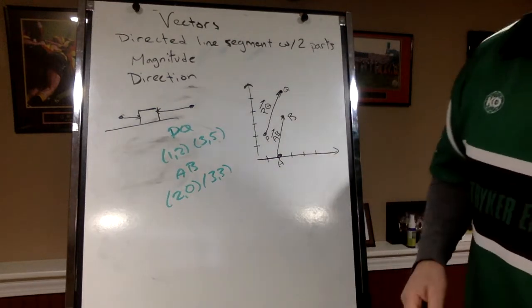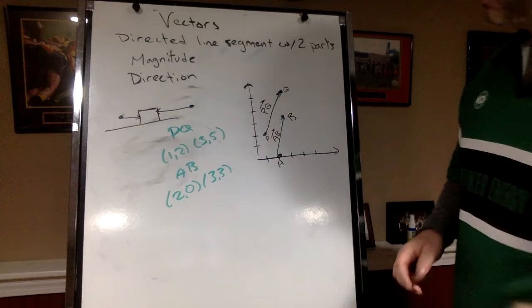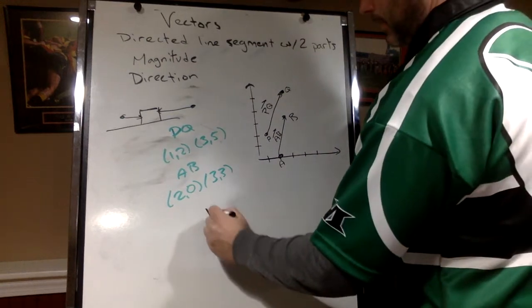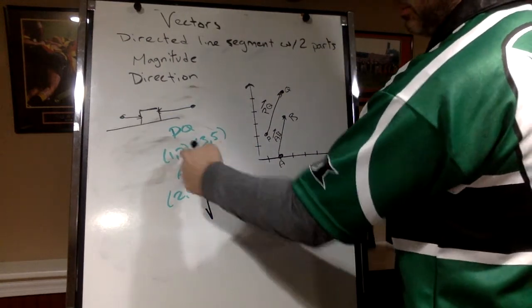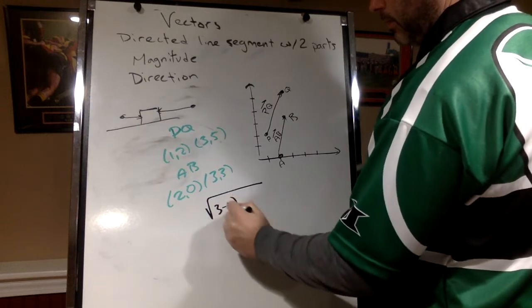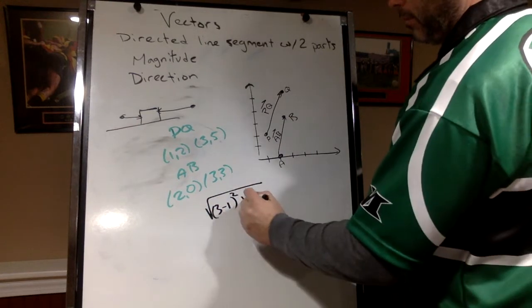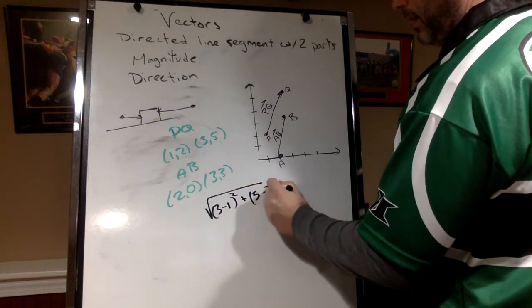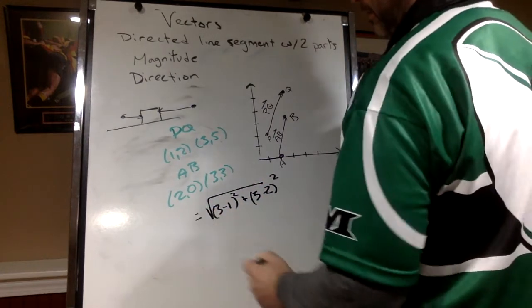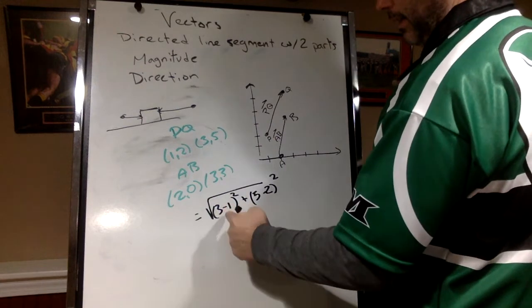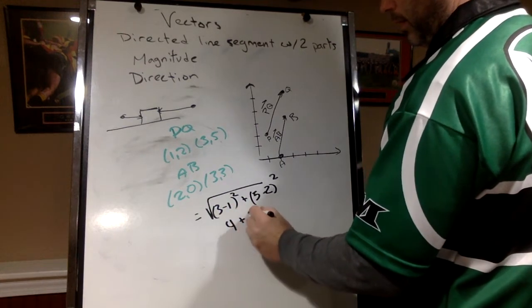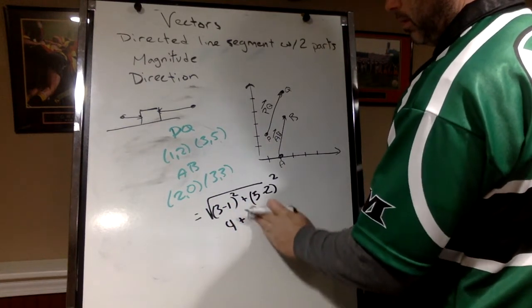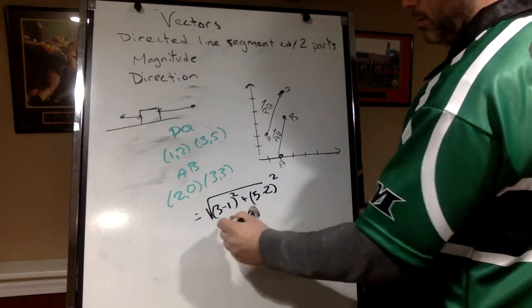Now, the first thing, we want to find magnitude, distance formula. Well, how do you find distance formula? Maybe you have to look it up, but really, it's going to be x2 minus x1, so 3 minus 1, and then we square it, plus y2 minus y1, 5 minus 2 squared. Okay, so let's see. That's 4 plus 9, square root of that.